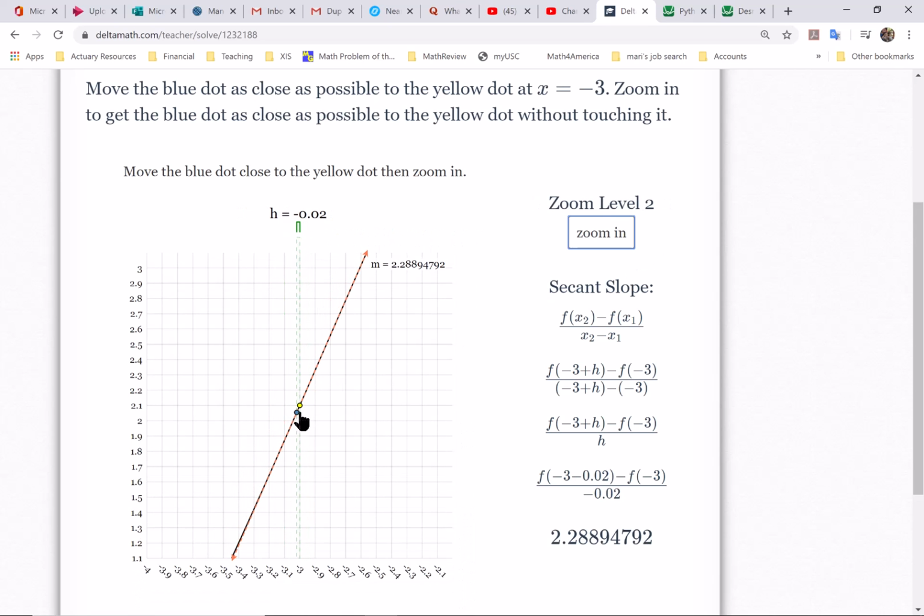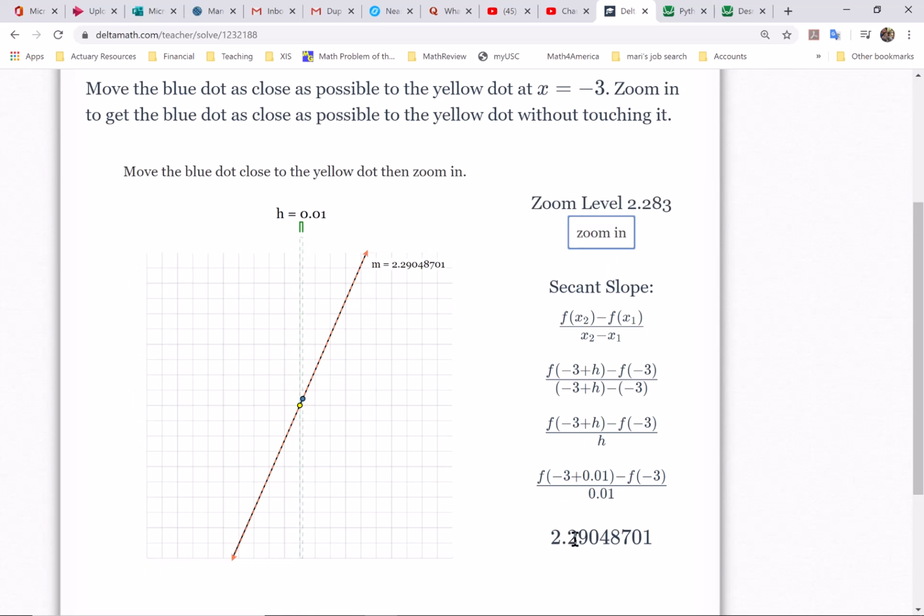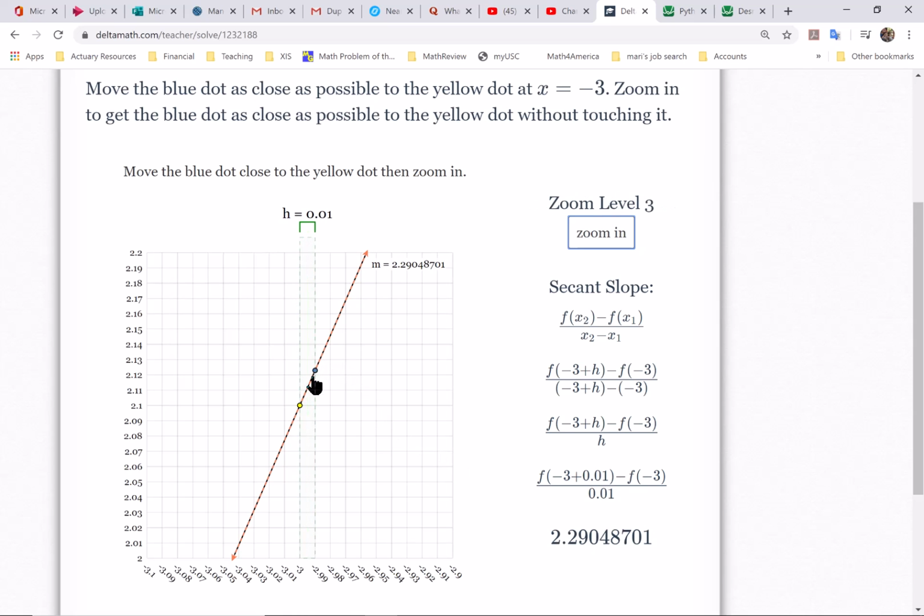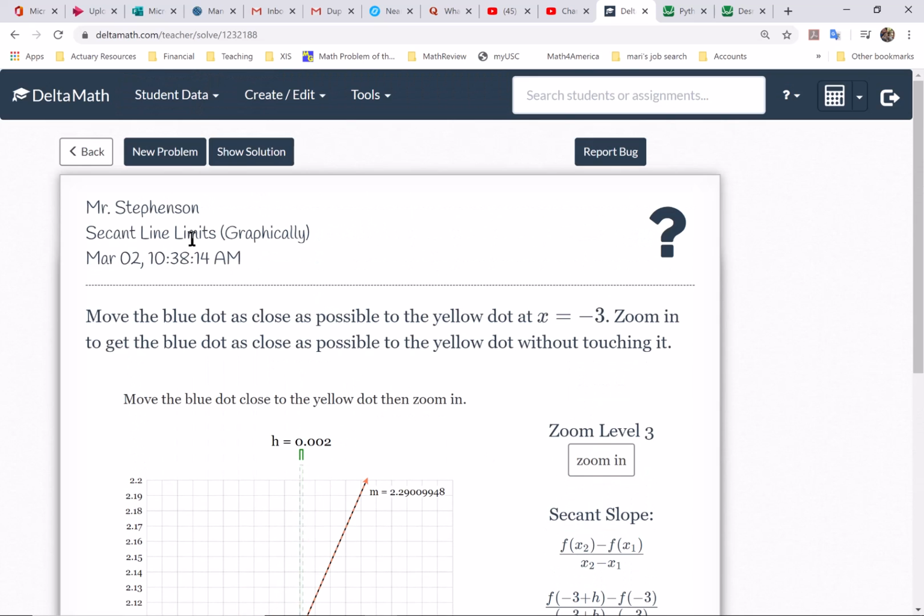Now h is 0.001. And you can see that this number is approaching a fixed value. We're getting a better and better estimate of the slope of the tangent line. Notice only these digits are changing now. So this is a good estimate of the slope of my tangent line, which again is the instantaneous rate of change.